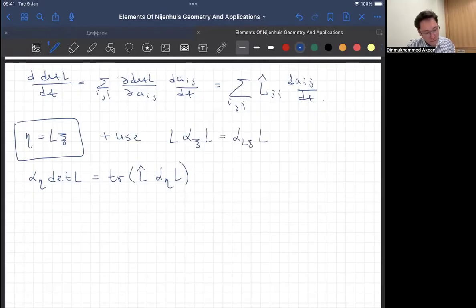Then we have the Lie derivative along L psi of determinant L equals the trace, where this L psi I will change for this side.